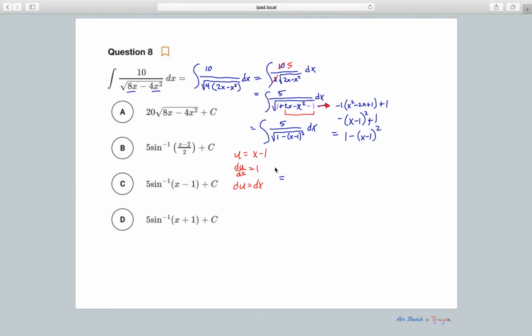So the integral, I'm still going to pull out the 5, of 1 over the square root of 1 minus u squared du. And this is the one that the derivative of inverse sine gives us this expression. So the antiderivative of this is inverse sine. So now I'm at 5 times inverse sine of u plus c, and then replacing u, we get 5 times inverse sine of x minus 1 plus c, which is answer C.